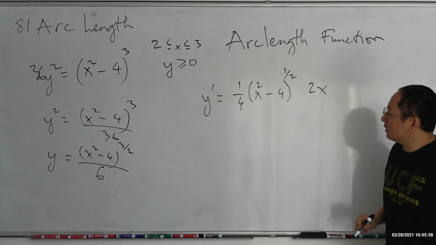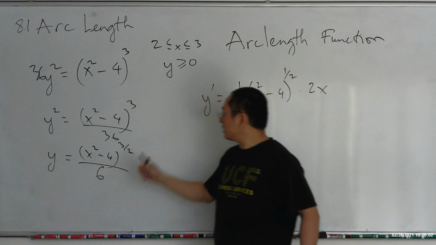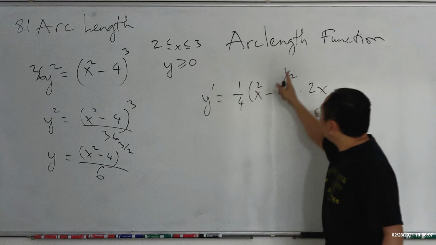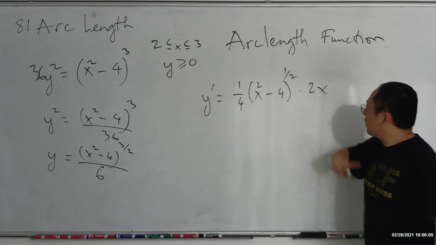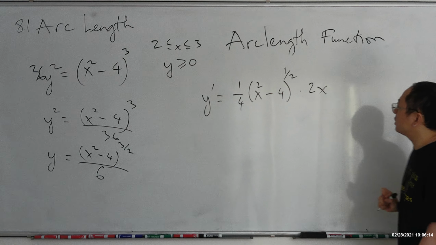I'm using the chain rule here. You bring 3/2 outside, times 1/6, so 3/12, which is 1/4, and then x squared minus 4 raised to the power of 3/2 minus 1, which is 1/2, and then the chain rule says we multiply by the derivative inside, which is 2x.